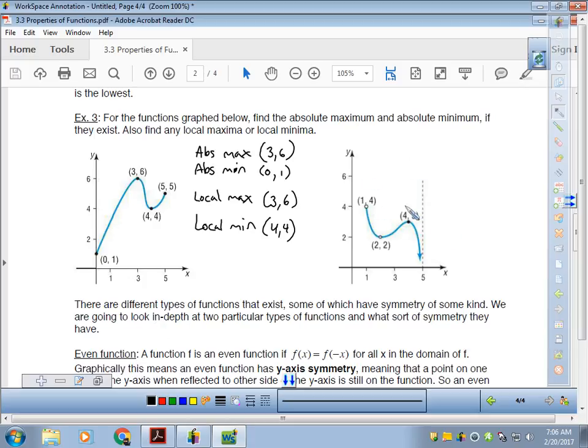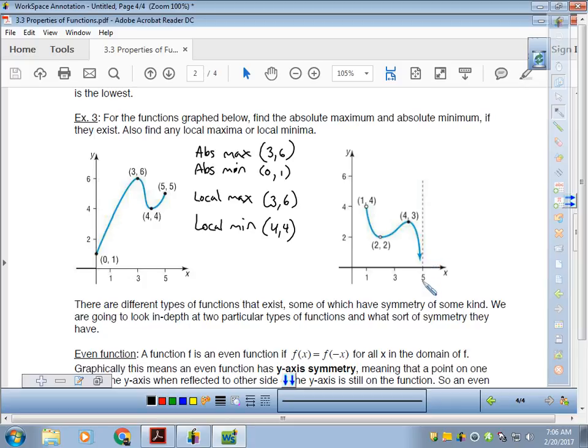All right. For our other graph, we have this graph right here. It starts at this point and continues going this way. So this is not a closed interval. It's open on the right-hand side. And because this right-hand side points down, that tells us we don't have an absolute minimum.